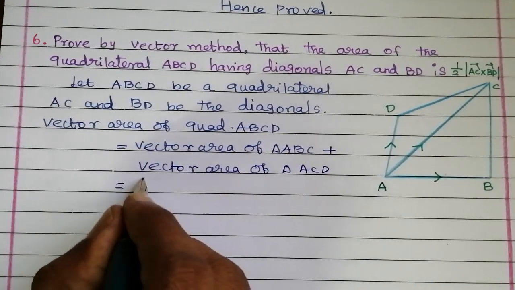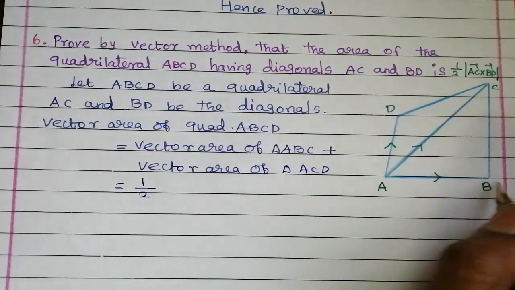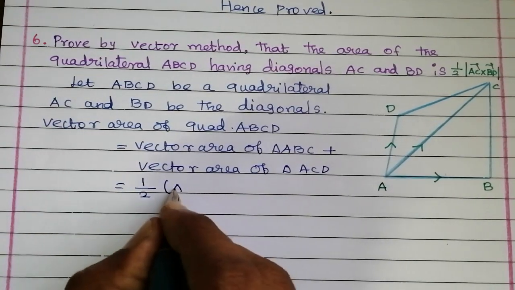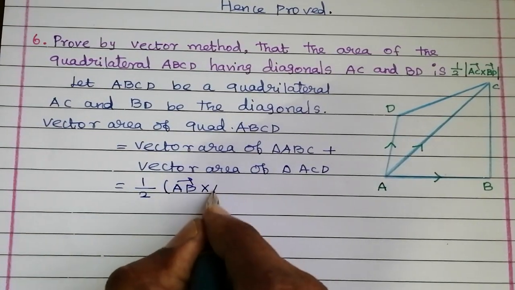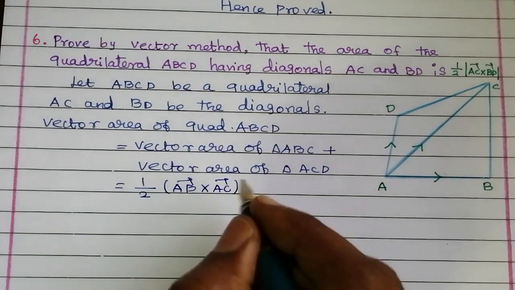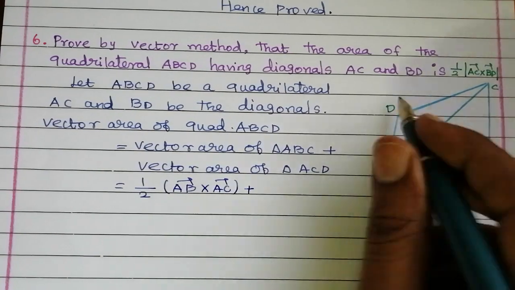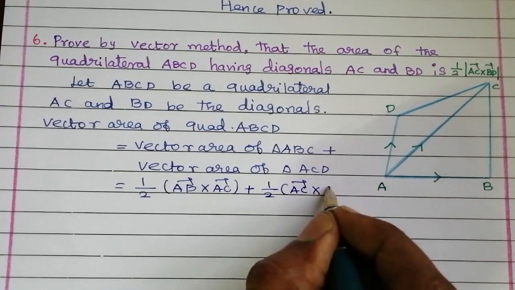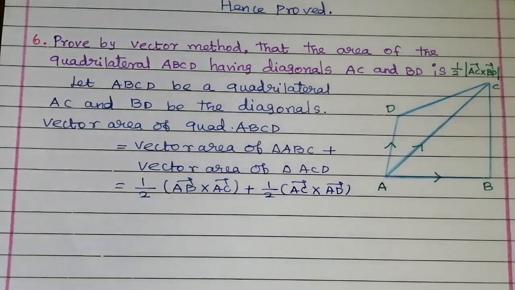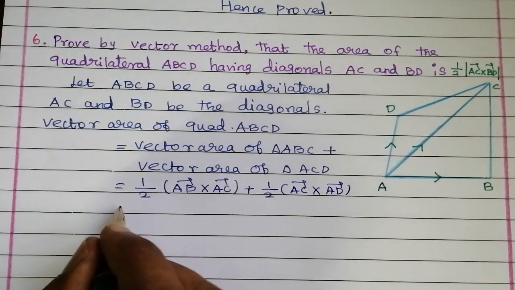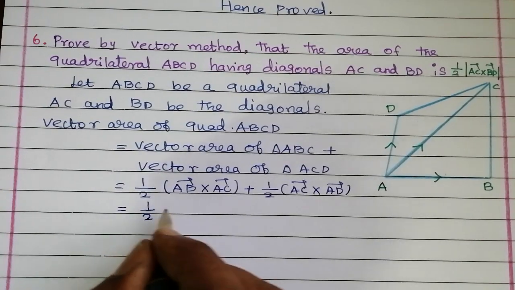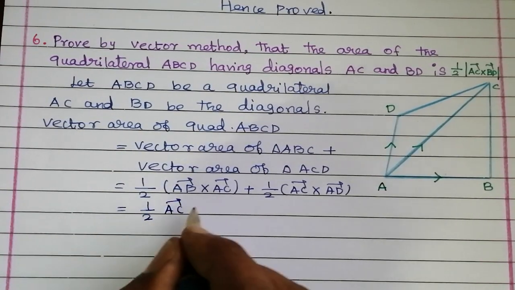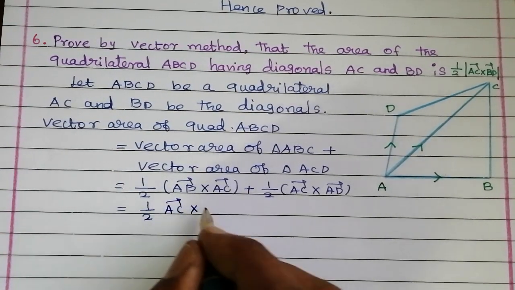What is the vector area of triangle ABC? That is half into AB vector cross AC vector, plus for ACD, half into AC vector cross AD vector. Now half into AC vector is common.